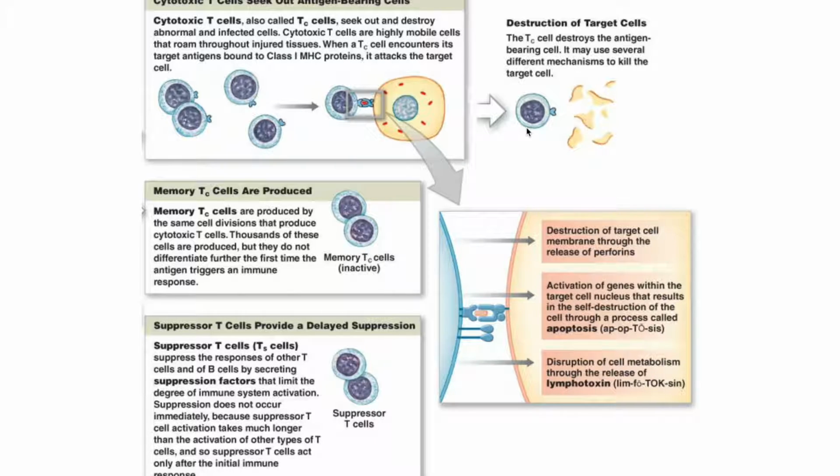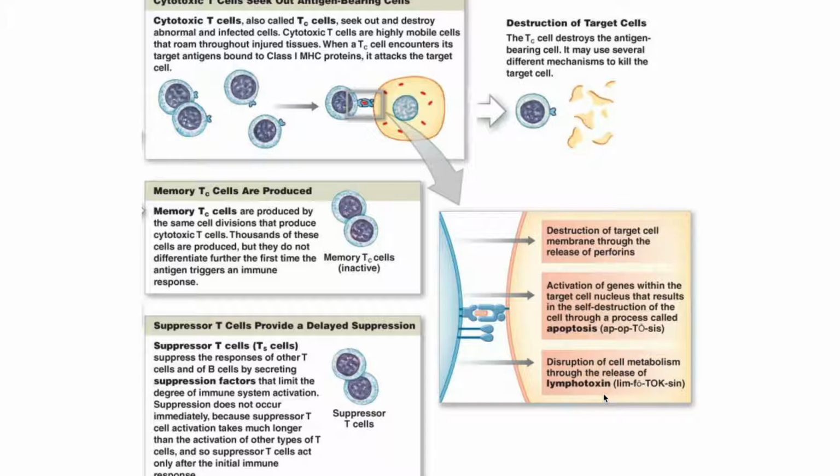They can also activate transcription of genes that cause apoptosis, which causes that cell to self-destruct. They can release lymphotoxin. Lymphotoxin will disrupt the metabolism of the target cell and kill it. So several ways for the cytotoxic T cells to destroy the target cell.